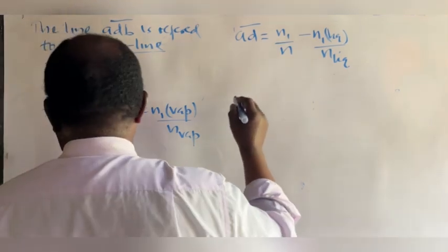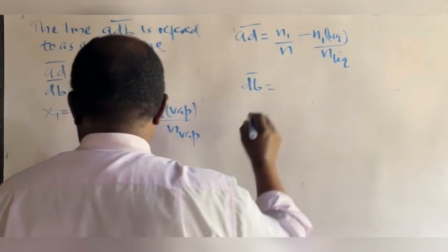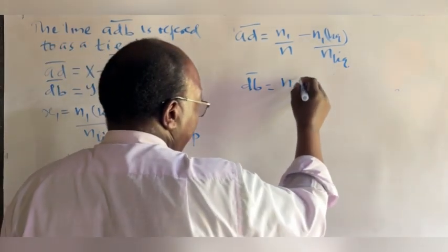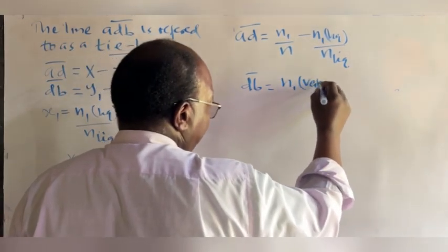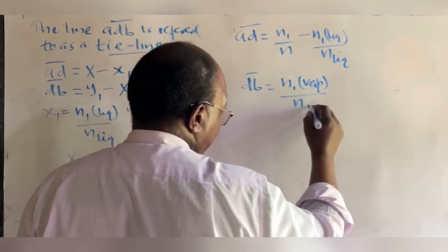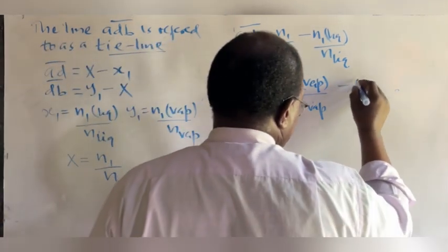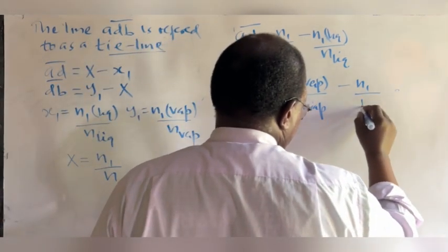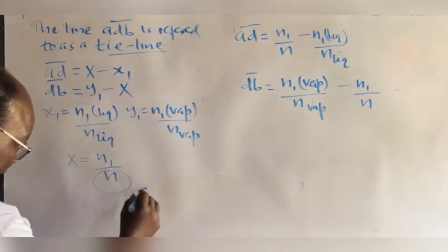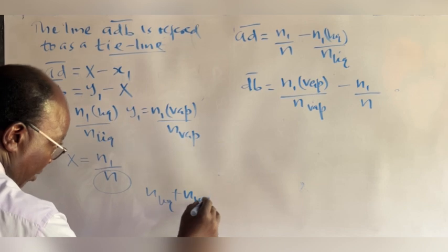And segment DB is N1 moles of 1 in the vapor over the total number of moles of the vapor minus N1 over N. Not forgetting that N represents the total number of moles of liquid plus the number of moles of vapor.